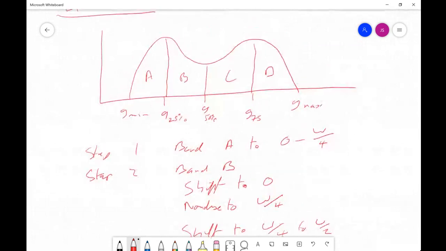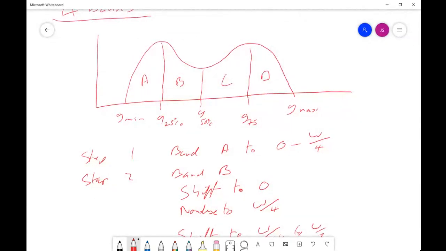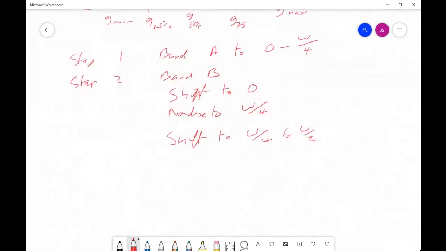And the same will be true for the third band. Shift it to 0, normalize it over a quarter of the intensities, and then shift it back to G50 to G75. And the fourth band, there's no W over 2 to 3/4 of W, final band, shift to 0, expand over a quarter intensities, and shift it back to the top half.